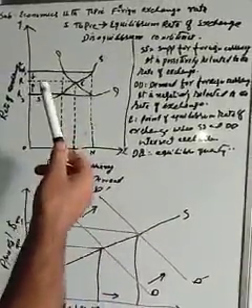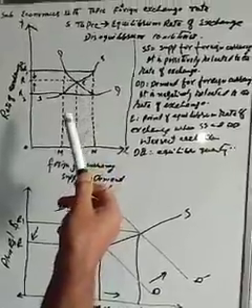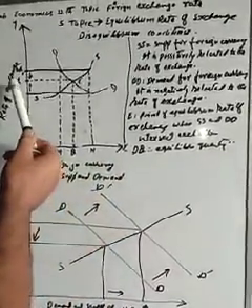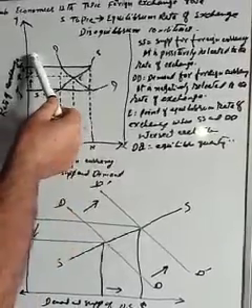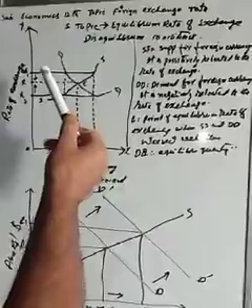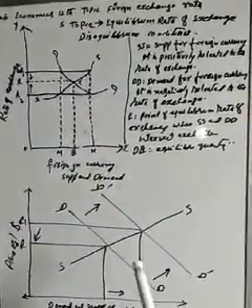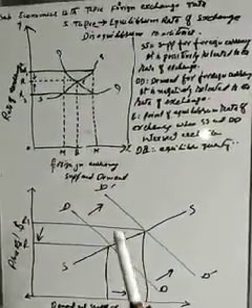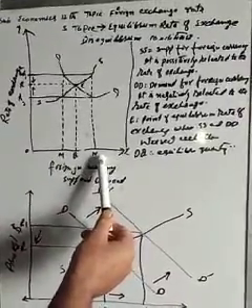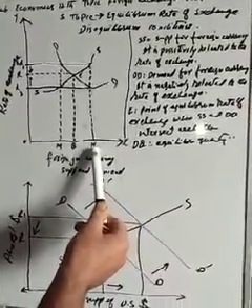If the rate of exchange rises to OR1, then the supply of foreign currency, ON, will exceed its demand, OM.